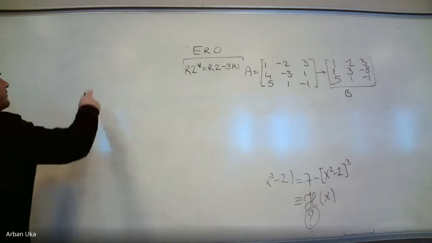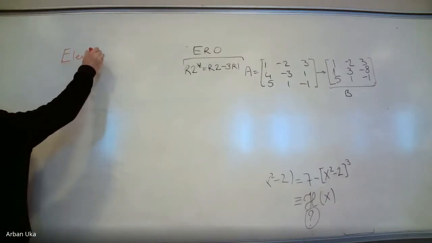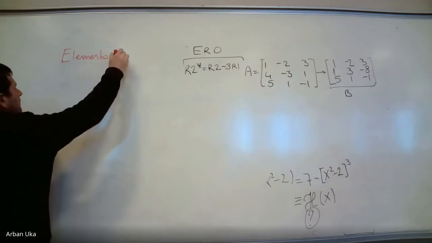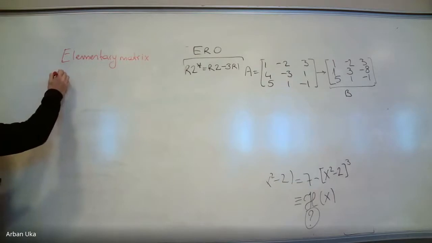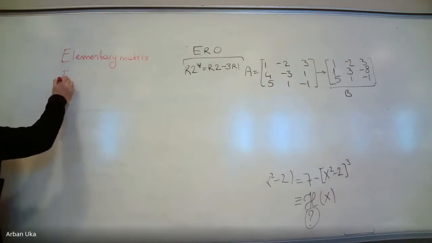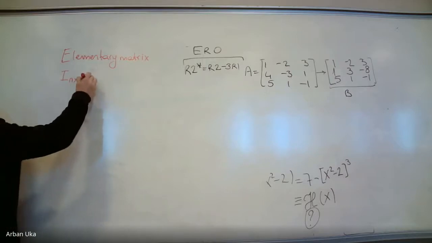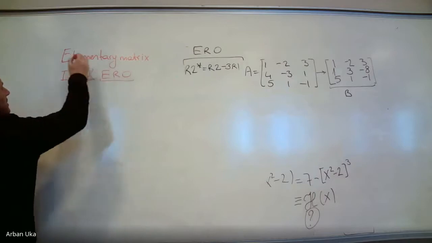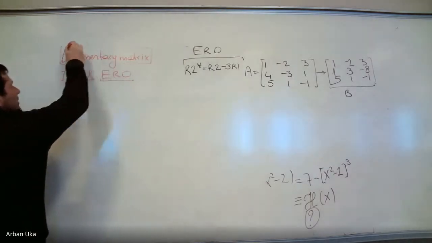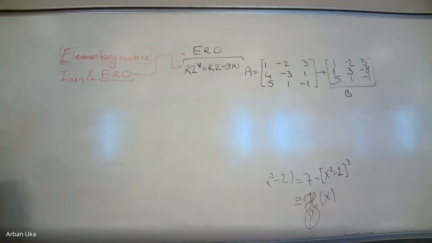It is one that we obtain from an I, which is n by n, the identity matrix, and you apply elementary row operations. Okay, so this is the definition of an elementary matrix.